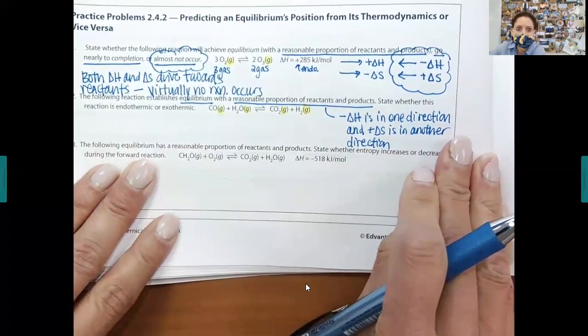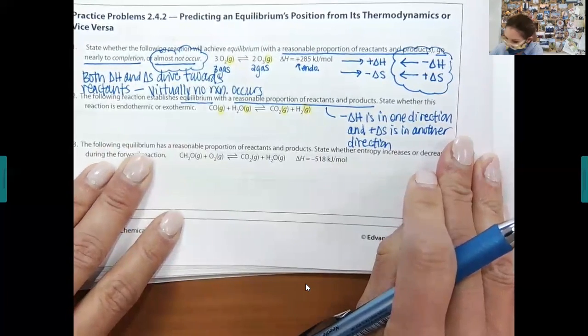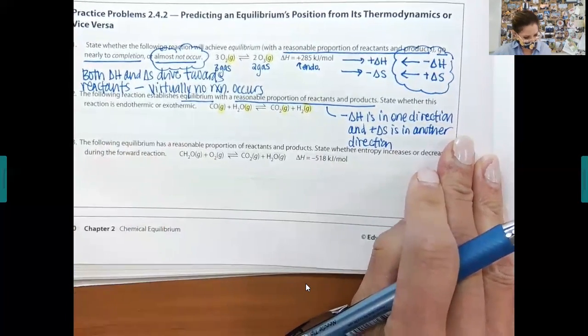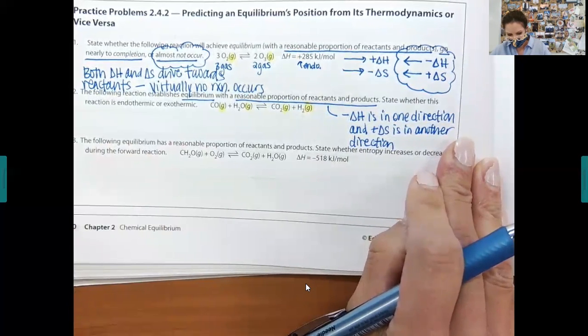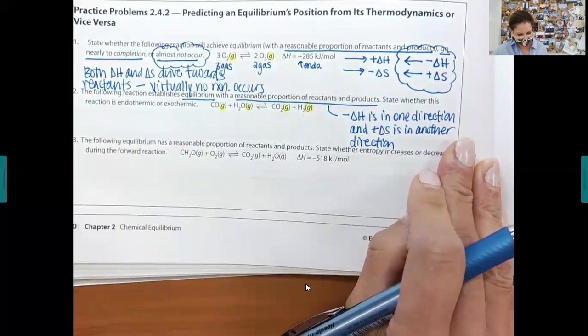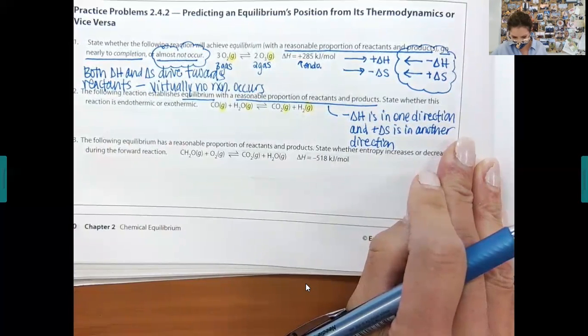Okay, so that means we need to figure out the delta S, because that's going to help us figure out what direction the other one is in. So CO2.